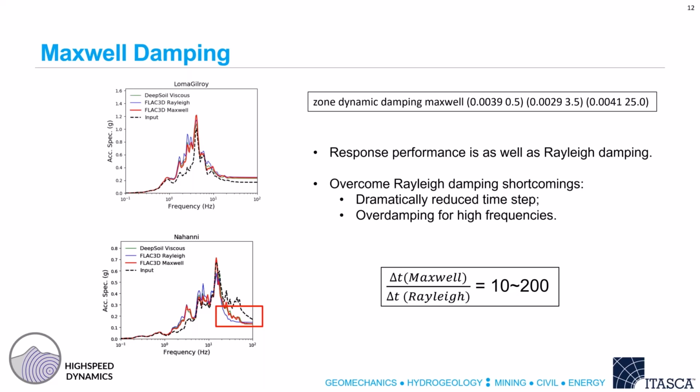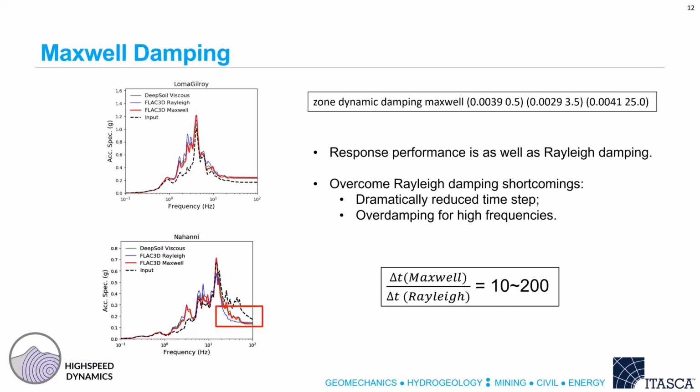Generally, in FLAC3D, it's very easy to input the Maxwell damping. We just use this command, for example, zone dynamic damping Maxwell and 3 parameters. These parameters we already calibrated for you, so you only choose your target damping ratio. Generally, the response performance of Maxwell damping is as good as Rayleigh damping. However, it overcomes Rayleigh damping's shortcomings, that is, the dramatically reduced time step and overdamping at high frequency.